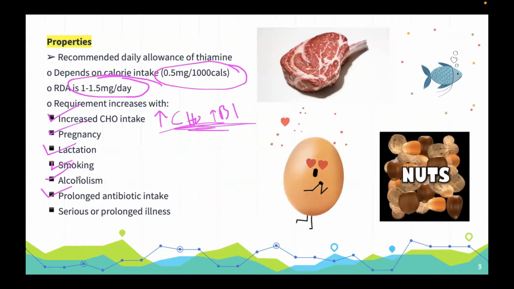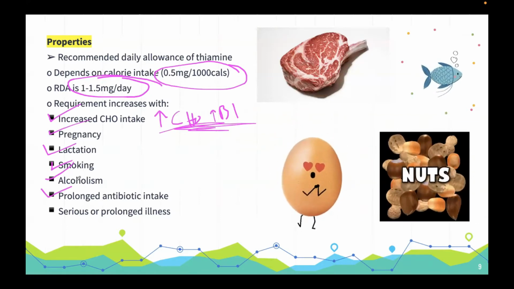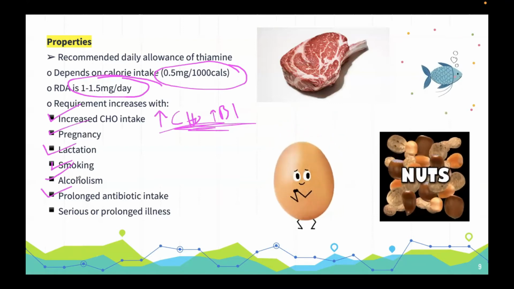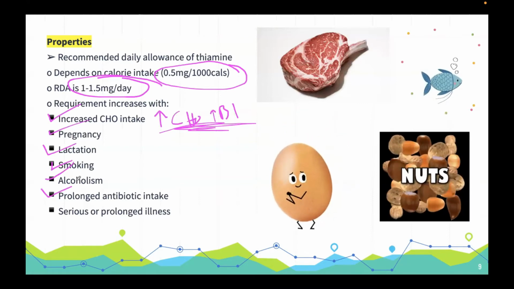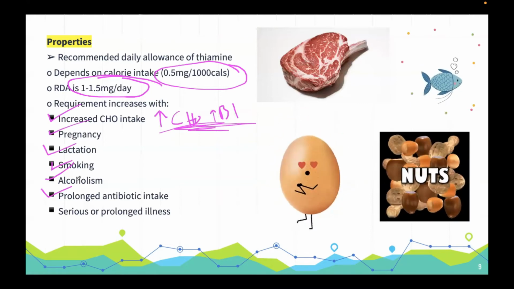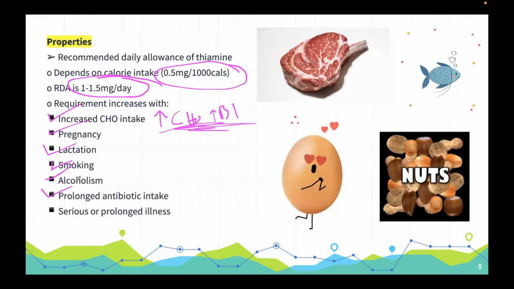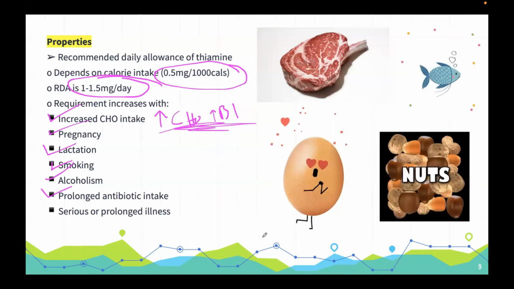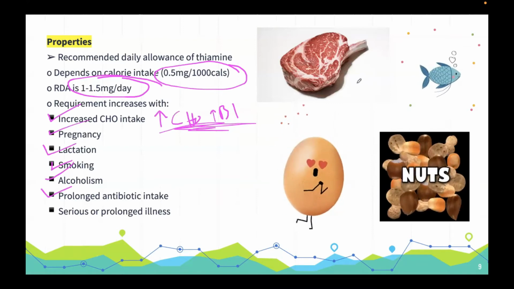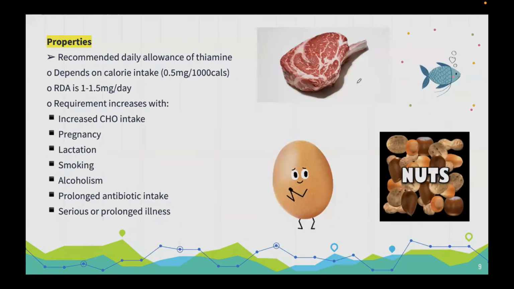And lastly, patients who have serious or prolonged illnesses. Again, vitamin B1 is essential for carbohydrate utilization. So the more your carbohydrate intake increases, the more you are required to take your vitamin B1 as well. These are the different sources of vitamin B1 or thiamine.